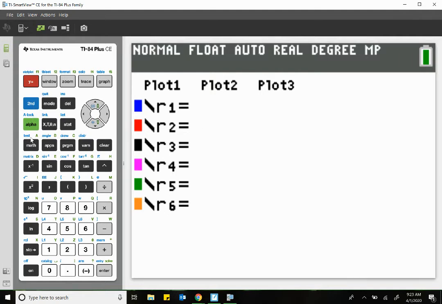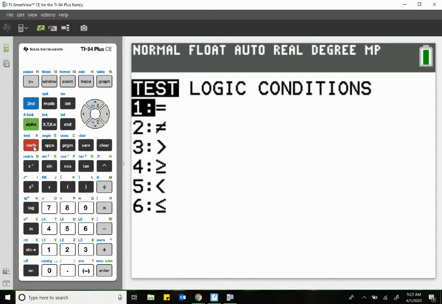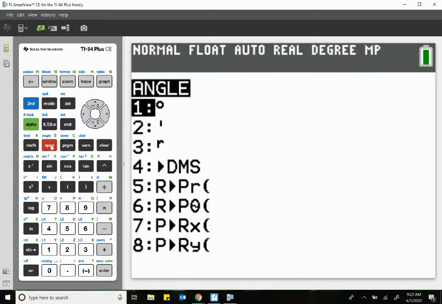Other things, if you hit second and apps, this R information right here is rectangular to polar.